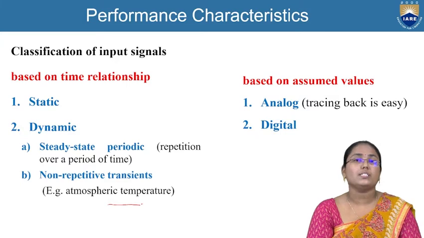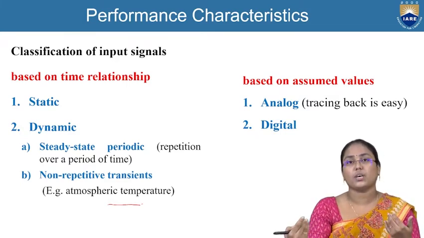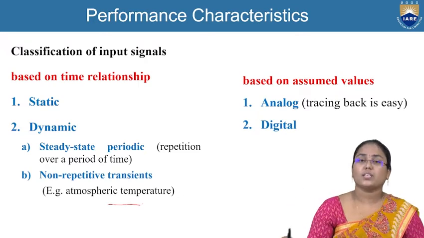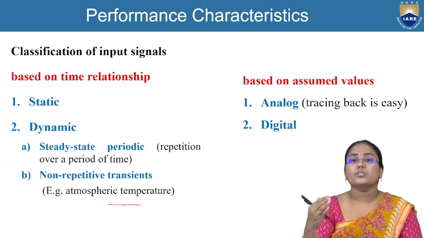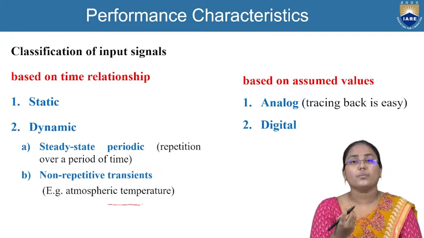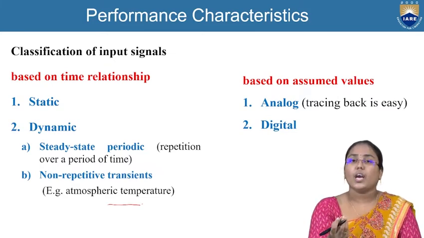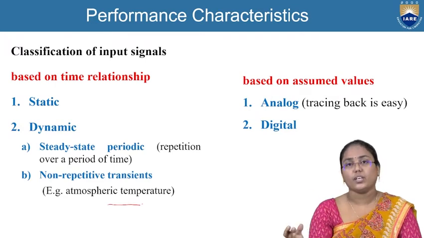But when we look at the steady state periodic nature, there can be some repetitions after a certain process is completed. The outputs we are seeing can be repeated. When we speak about the static characteristics, they do not vary with respect to time. Even if a variation is there, it will be only a slight variation in the output. And when we look at the dynamic, the variation is there from time to time.